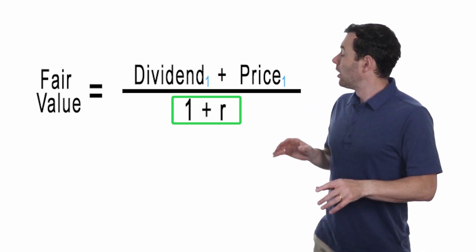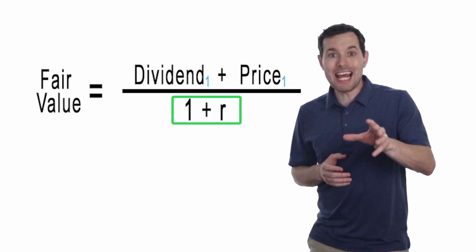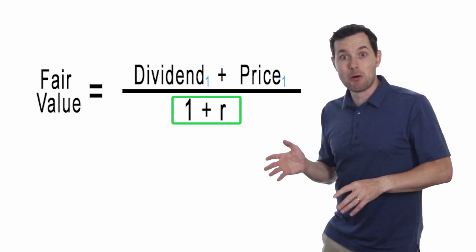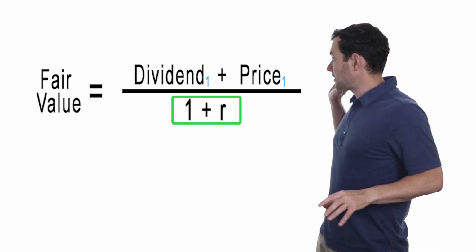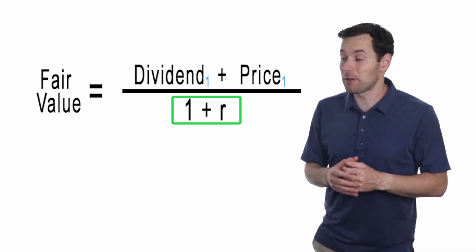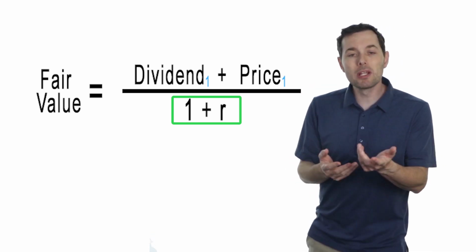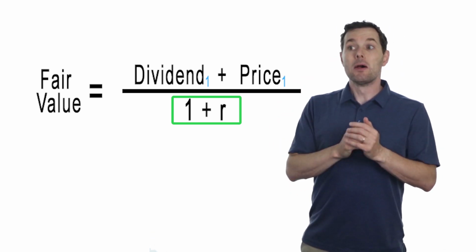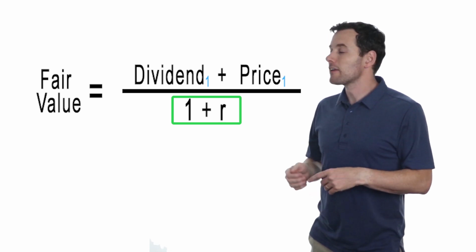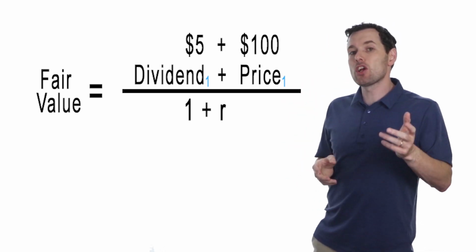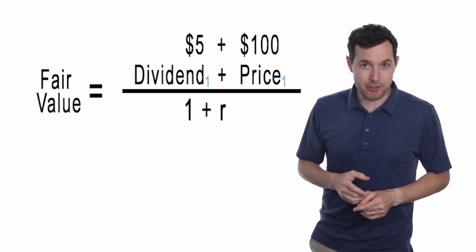So, looking at this formula, let's pretend that we're going to value a company. I'm going to use real examples in a moment. I just want to take a second and go through a hypothetical example to illustrate how it works. With this hypothetical company, we believe that we're going to be able to sell their stock back to the market in 1 year for $100 per share. We also expect to receive $5 in dividends in one time period.